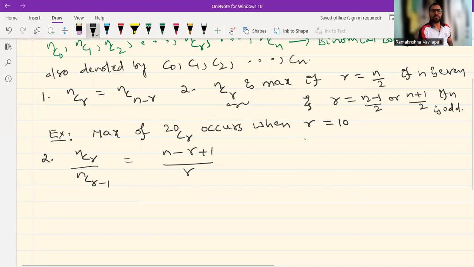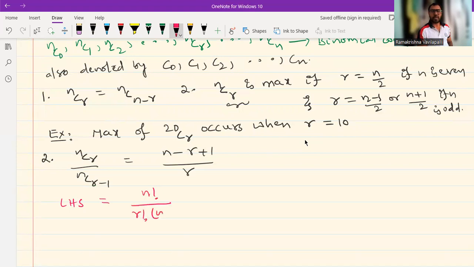LHS equals nCr, whose definition is n!/(r!(n-r)!). nC(r-1) is in the denominator, so we write it in reverse way: (r-1)!(n-r+1)! by n!.